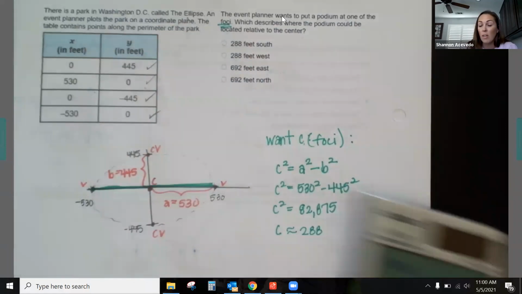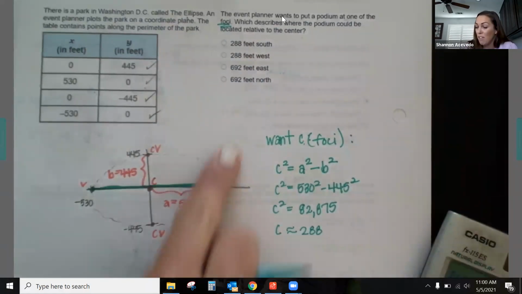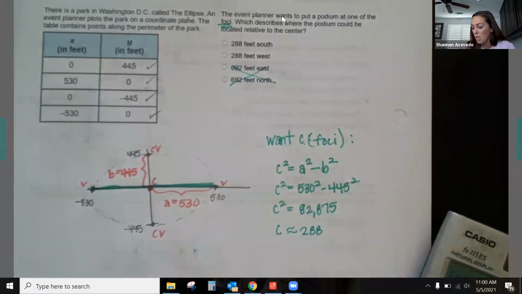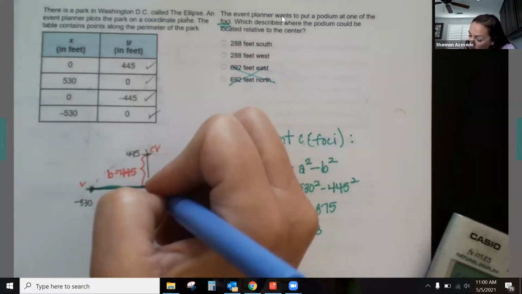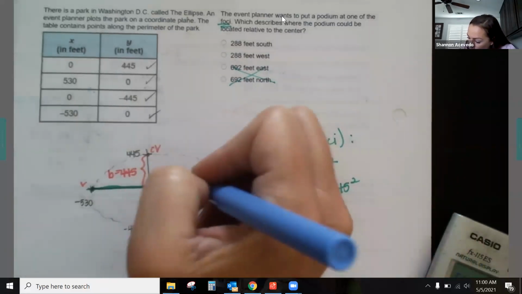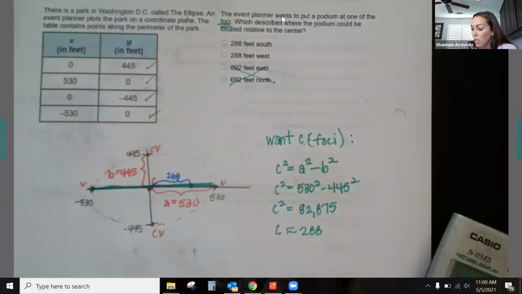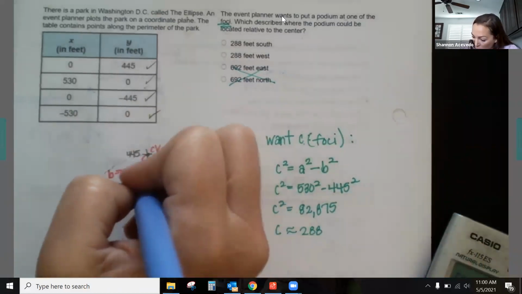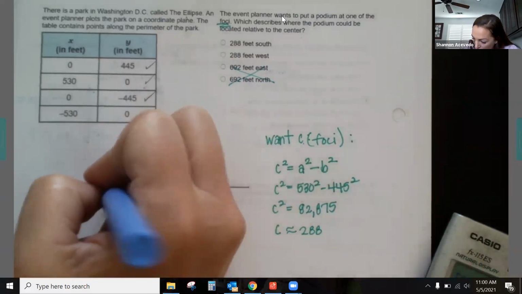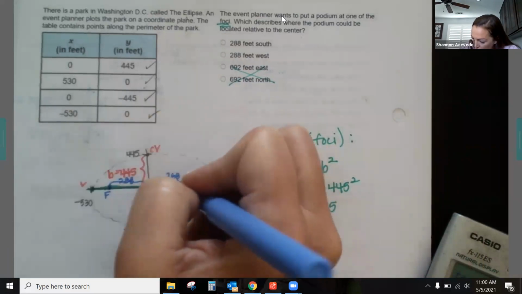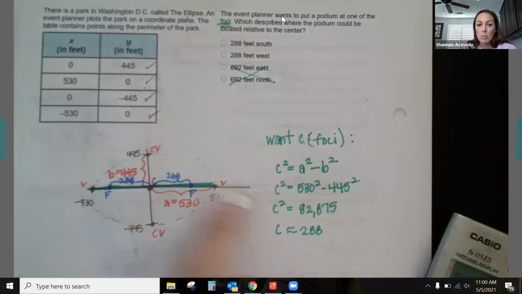All right, well, 288 is my C value. So I can see I'm on the right track. It's not going to be either one of those. So what is this telling me? That's telling me then if my C is 288, I'm going to go 288 to the right, and I'm going to go 288 to the left. So my podium's at one of these two spots.